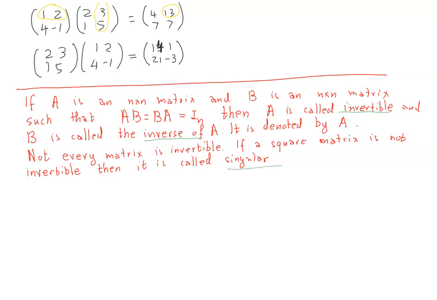The only matrices that qualify as being tested, whether they are invertible or not, are square matrices. So if you have another matrix, don't even think about asking whether it's invertible or not. That's the bottom line.